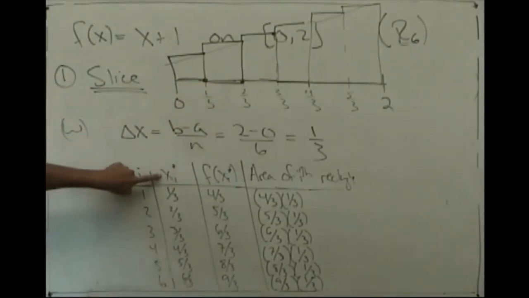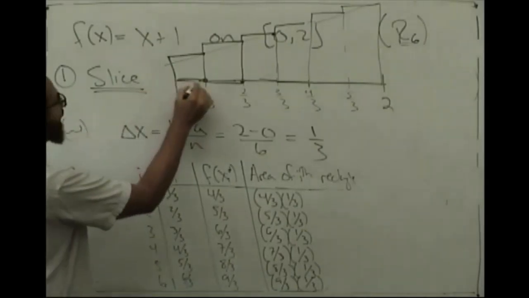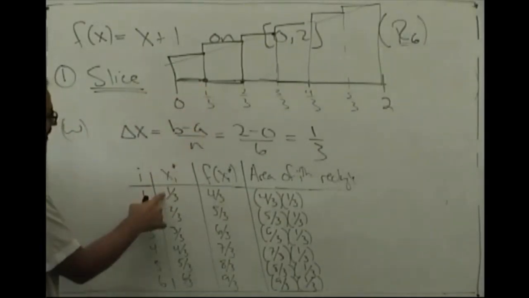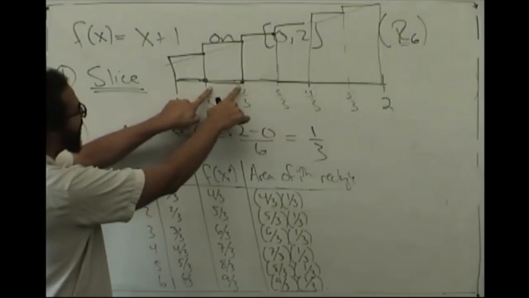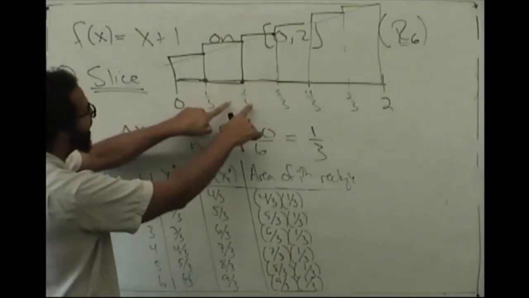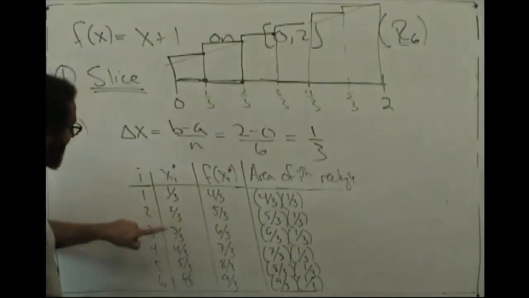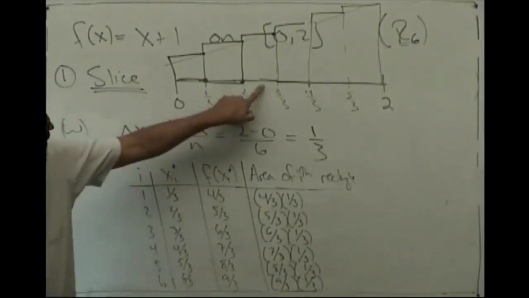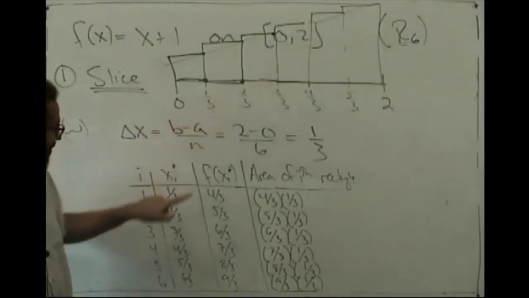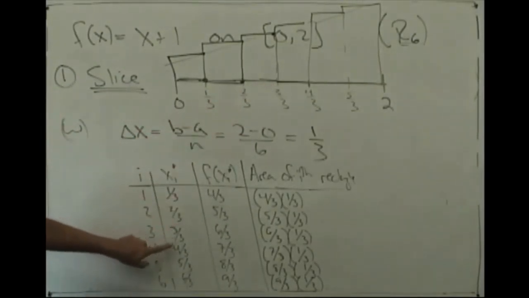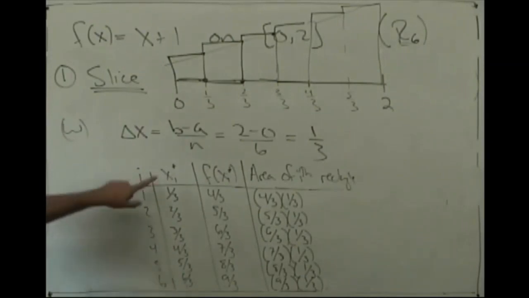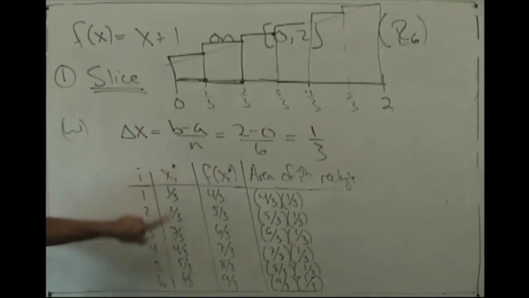So my x1 star is going to be the right endpoint of this subinterval, which is 1/3. My x2 star, the right endpoint of the second interval, is 2/3. x3 star, the right endpoint of the third interval, is 3/3 or 1. And then you keep going just like that, so you can see what the general x sub i star is going to be.